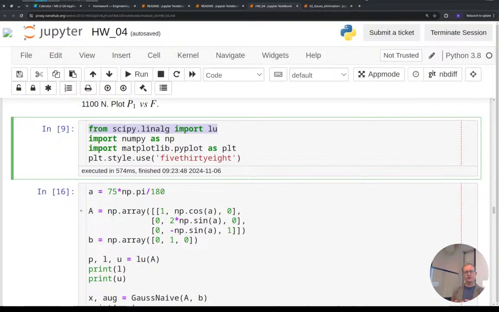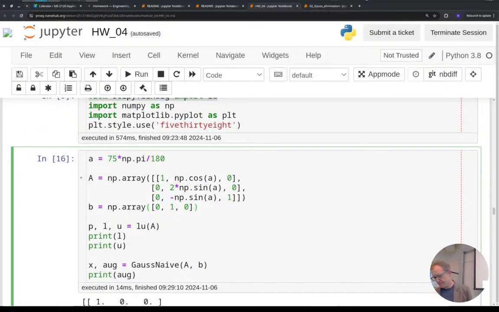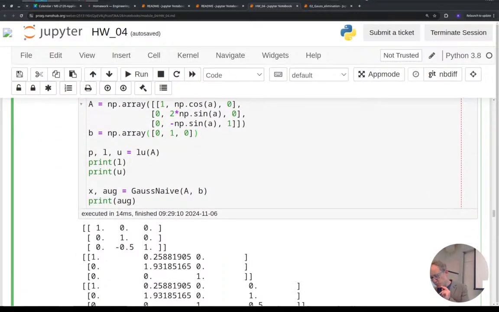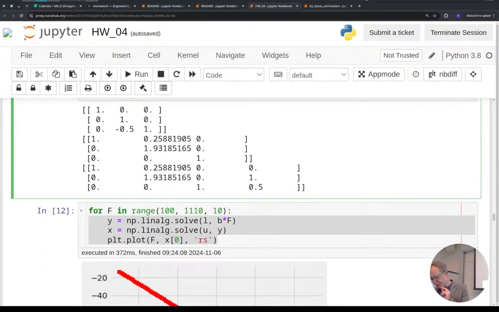You don't care about the output vector. So I can say B times F is going to be plugging in a new value for that one.